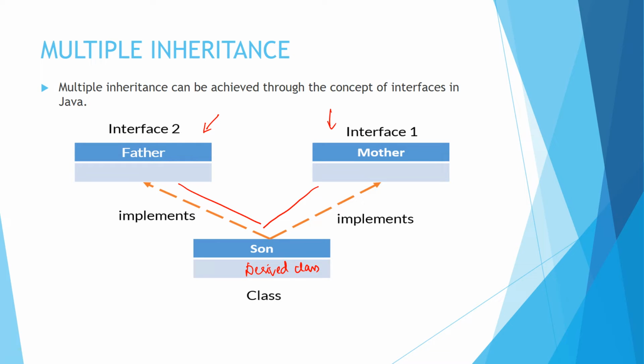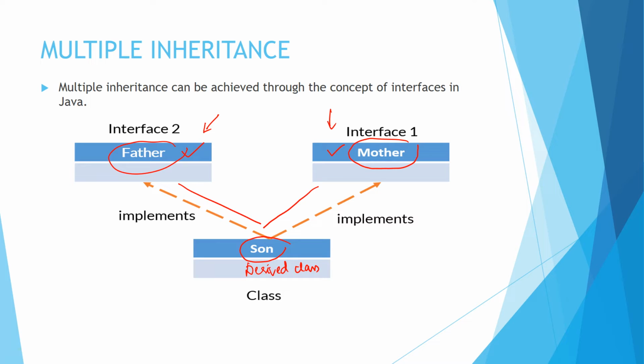So these two base classes should be declared under interface concept. Okay, and whatever the methods and variables you're declaring in interface 1 and interface 2, this should be implemented in the derived class called son.